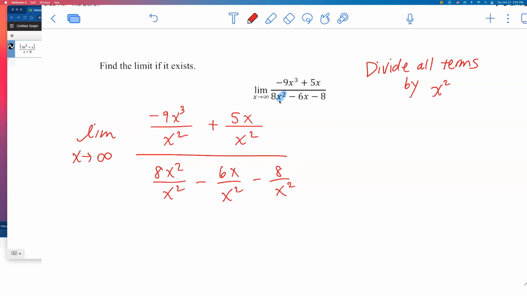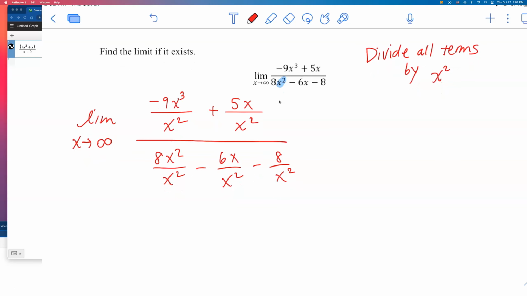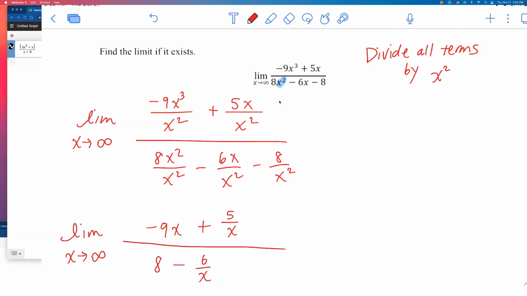Now we need to simplify this. The top of the fraction, we have negative 9x, and then plus 5 over x. The bottom is 8 minus 6 over x minus 8 over x squared.